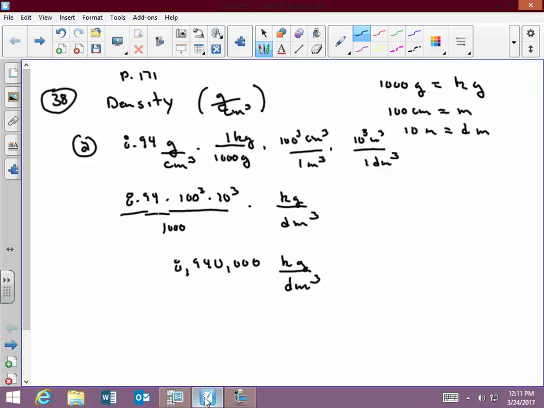I think the number's right. Do we have to cube the 1,000 grams below? It does seem like an awful large number. Yeah. Have I got this one backwards?